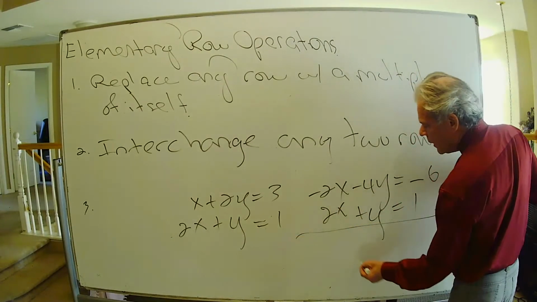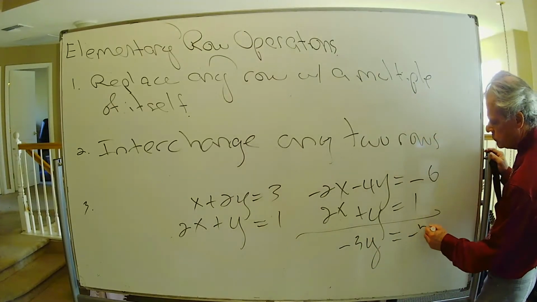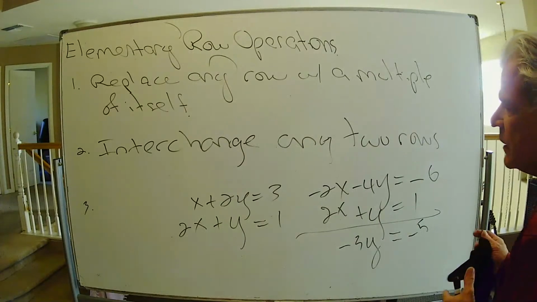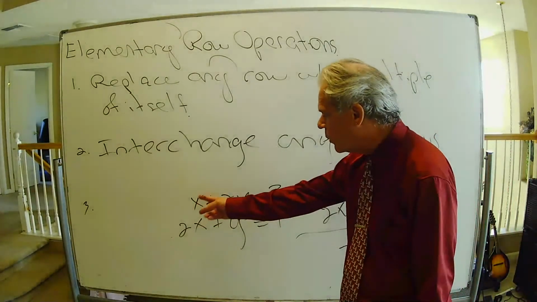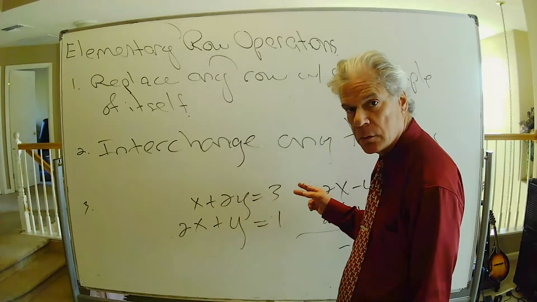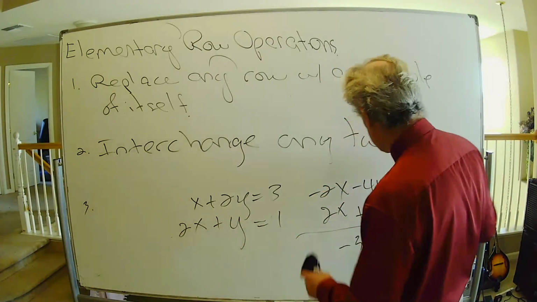And if I do, I completely eliminate the variable x. Now, if I divide both sides by -3, I solve for y. So this elimination technique says I can replace one of these equations with the sum of itself and a multiple of another equation. That being the case, back in augmented matrix form, the same thing applies.